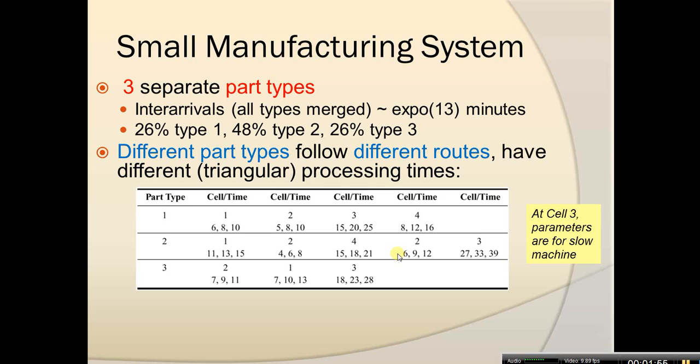So it's important to take that into account, and also notice that for cell 3, the parameters are for the slow machine, and so that's why we modeled a factor time of 1 for the old machine, which is the second one, and 0.8 for the first machine, which is the newer machine, the 20% speed up.